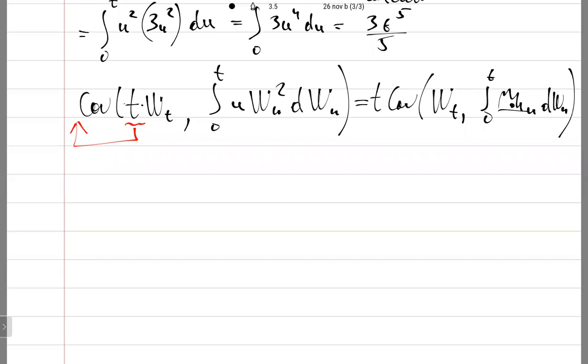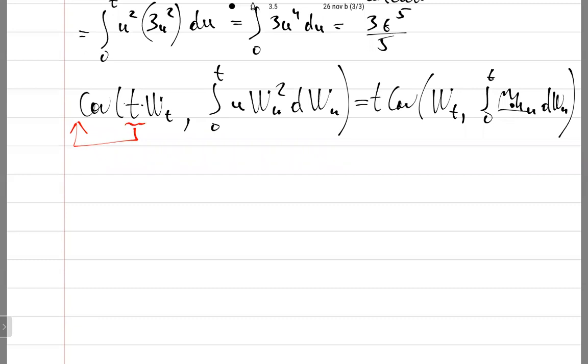But in our lecture we have stated the covariance of two integrals. If you look at the properties of stochastic integrals, we have stated how to calculate the covariance of two integrals, the integral of a dW and the integral of b dW.